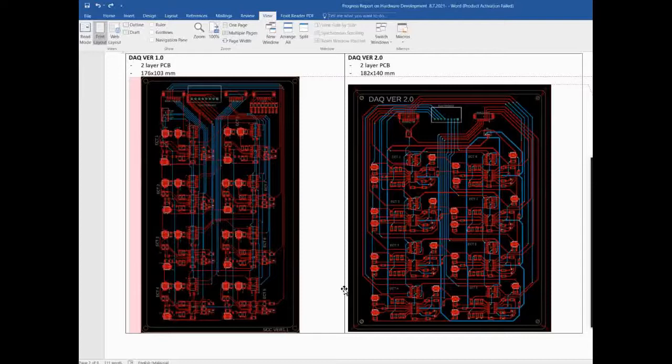So this is the first circuit, DAQ version 1.0. This is the one that I fabricated earlier, and as I mentioned in the report in the previous weeks, the routing is wrong.